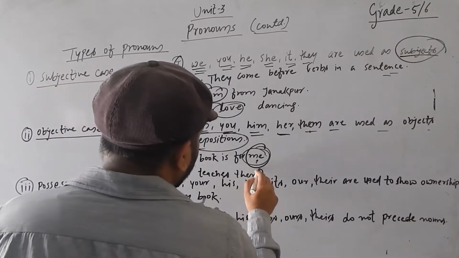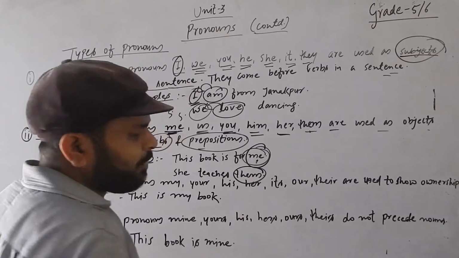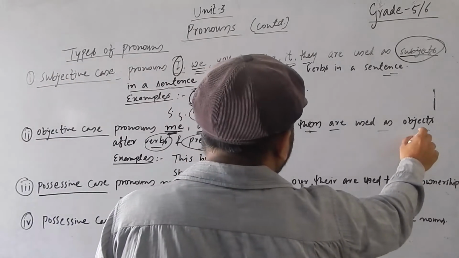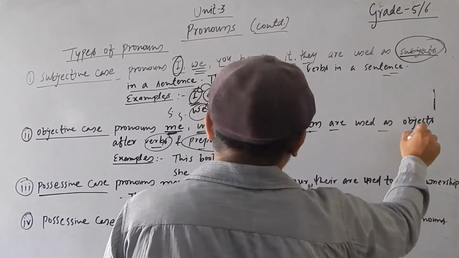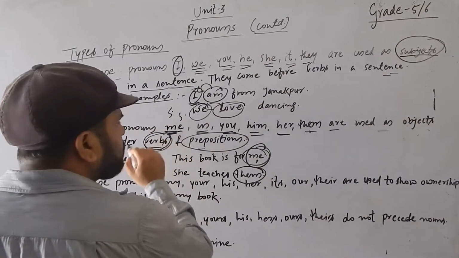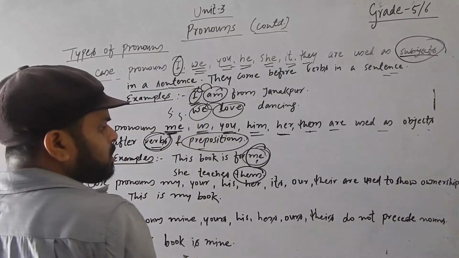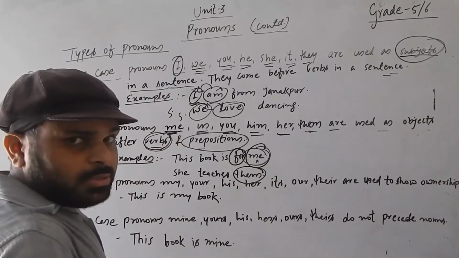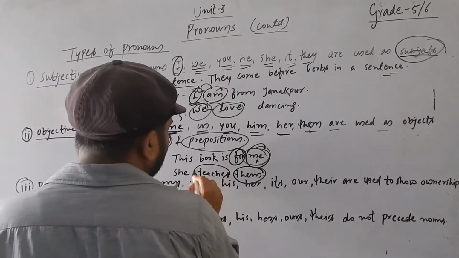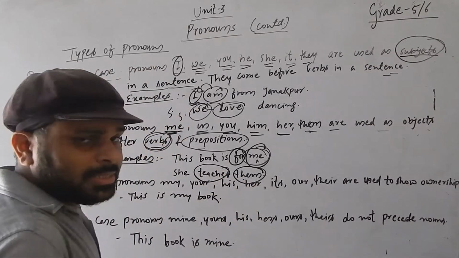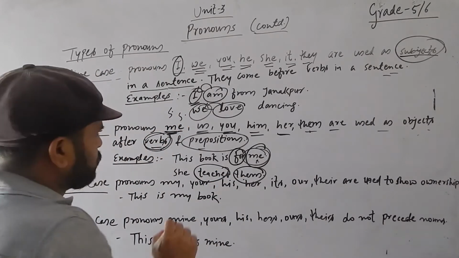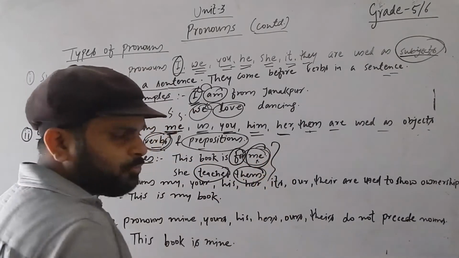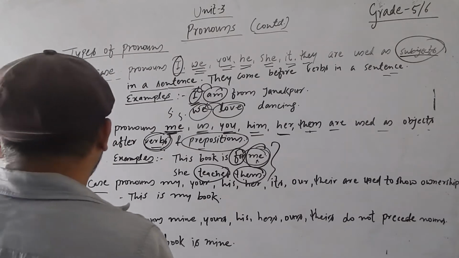Likewise, them. She teaches them. And what is the next part of your sentence? The definition says as objects after verbs and prepositions. After the preposition, for me has been used. Yes. And after the verb, teaches them has been used. So according to the definition, the example is very clear.